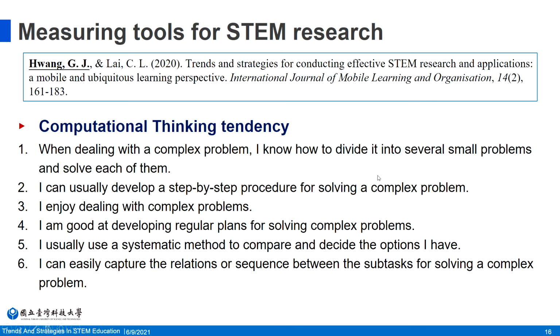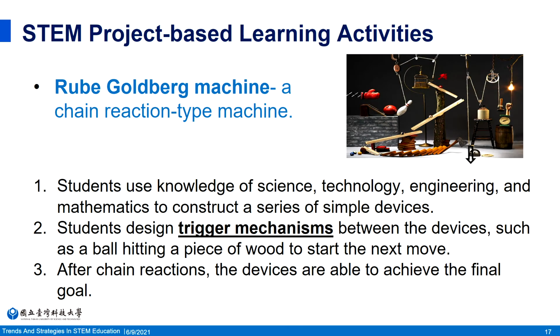This is an example of a project-based STEM activity. In this activity, the students are asked to design a Rube Goldberg machine, which is a chain reaction type of machine.